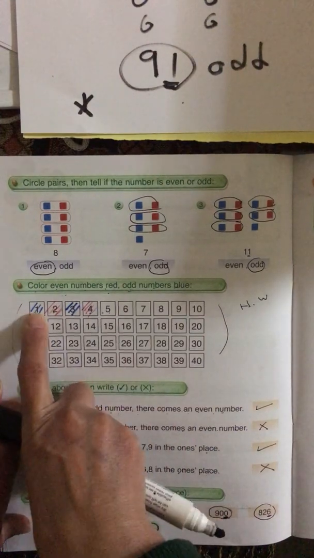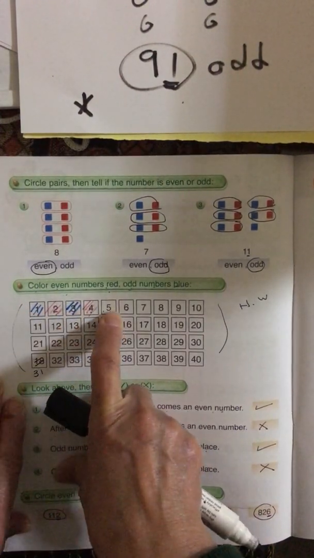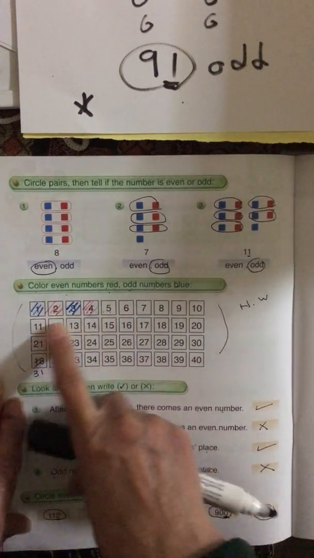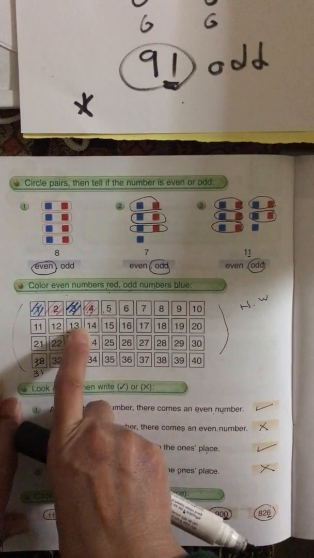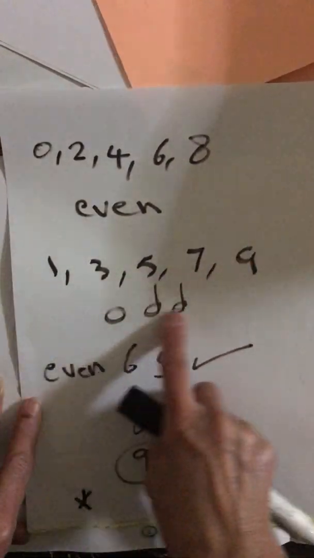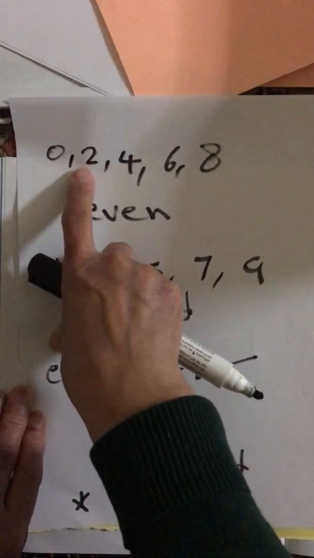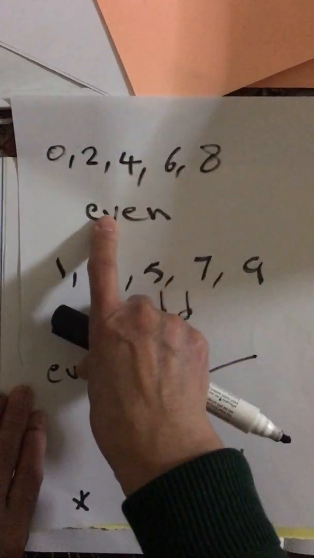You will notice I will start with 1, it's odd, then 3 odd, 5, 7, 9, then you will go down 11. Any number that has in the ones place 1, 3, 5, 7, 9, it's odd. And if it has in the ones place 0, 2, 4, 6, 8, it is what? Even number. Okay.